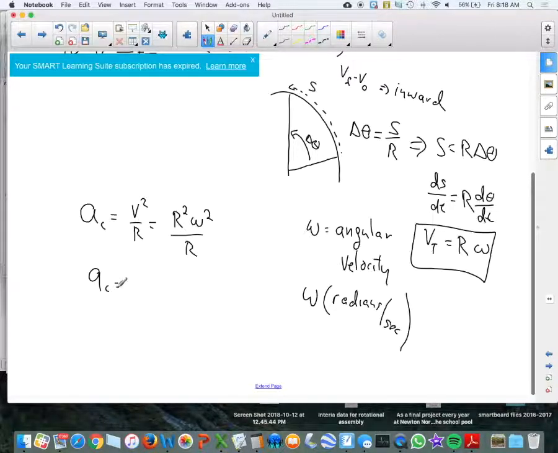A sub c is r omega squared, and that's what you were thinking of. So that's another way to solve the problem.